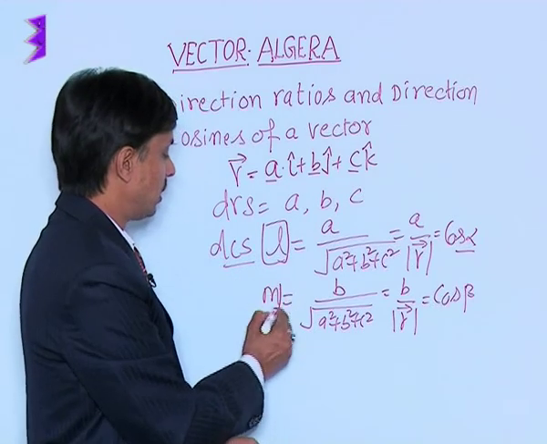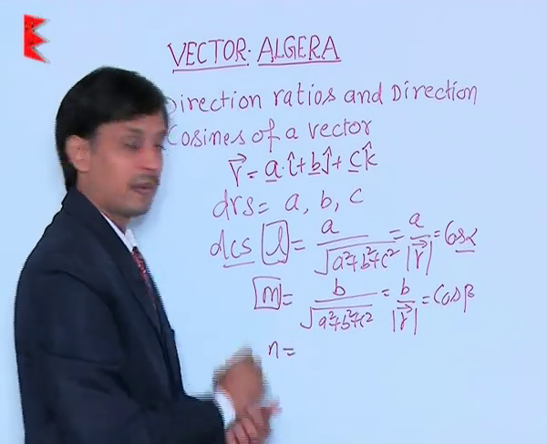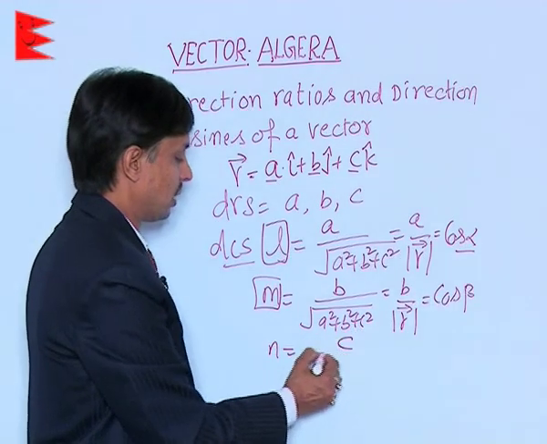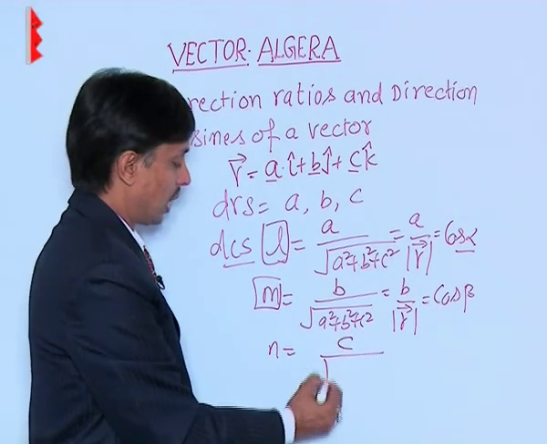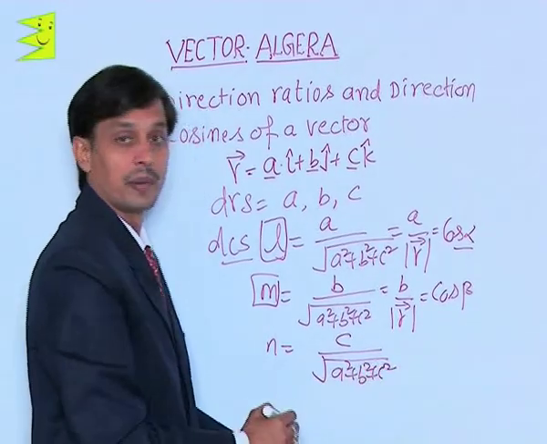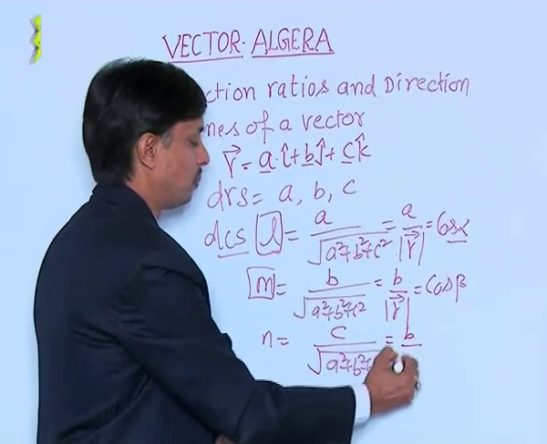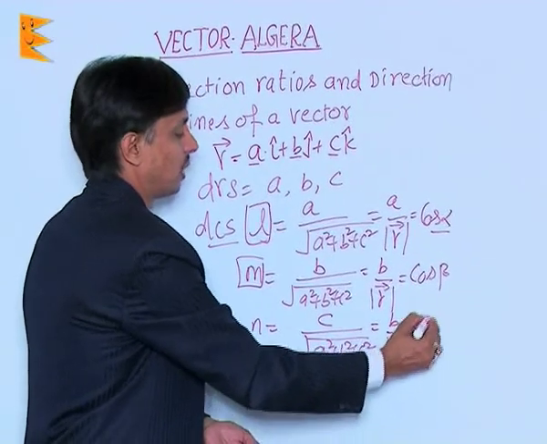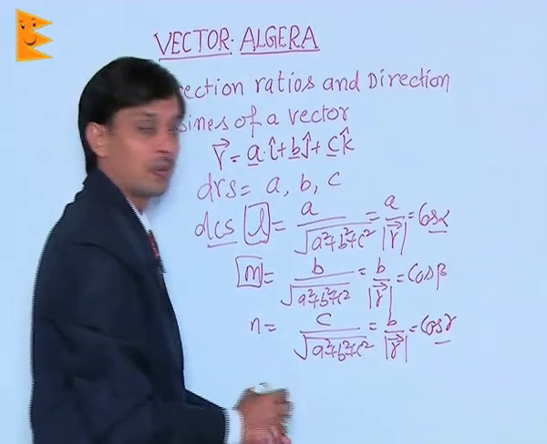The third DC symbol is n, given by the third DR C upon root of A square plus B square plus C square, or C upon magnitude of R, which is cos gamma.